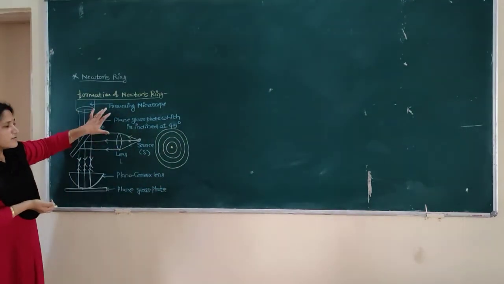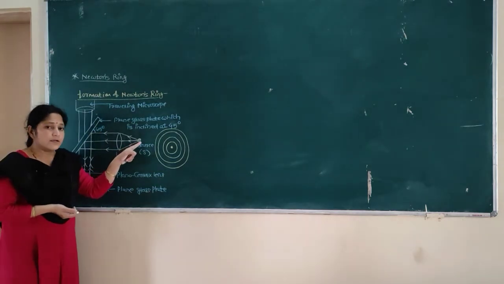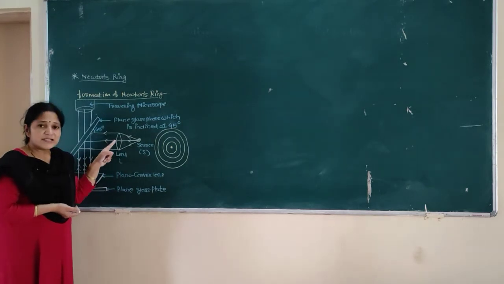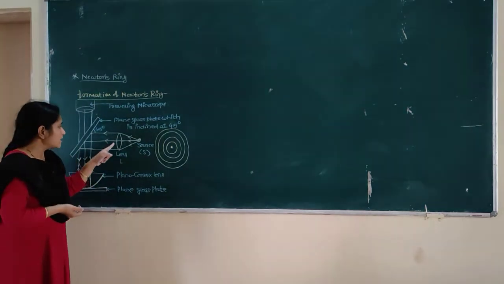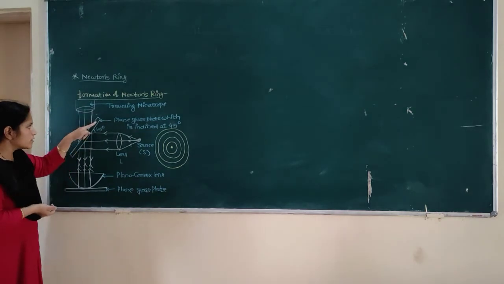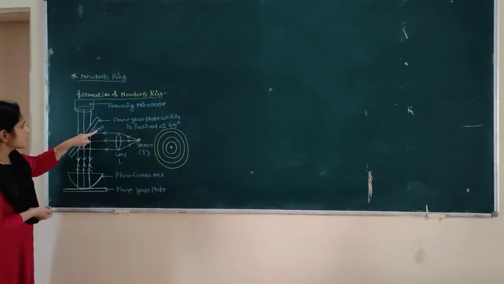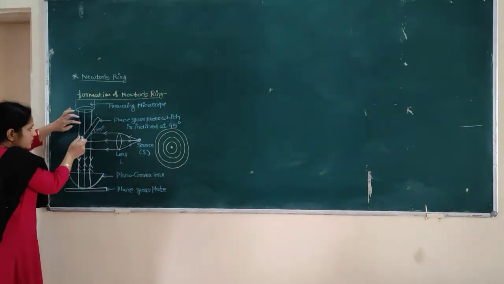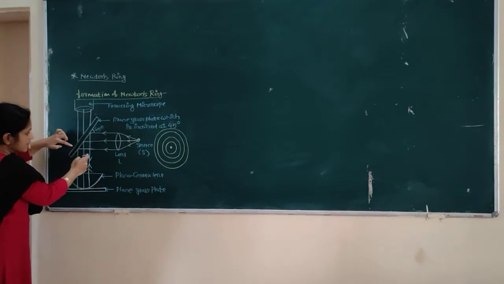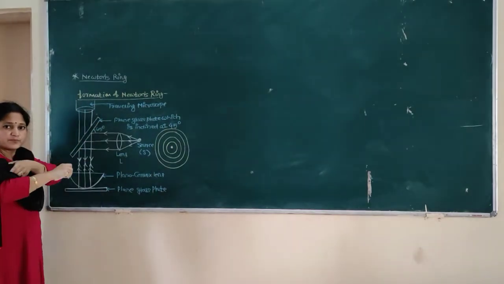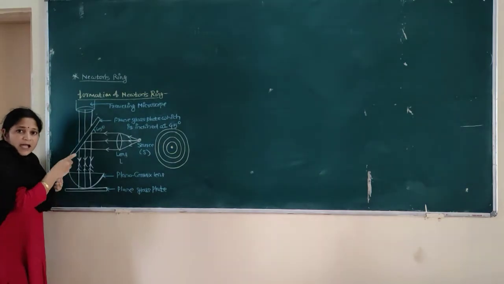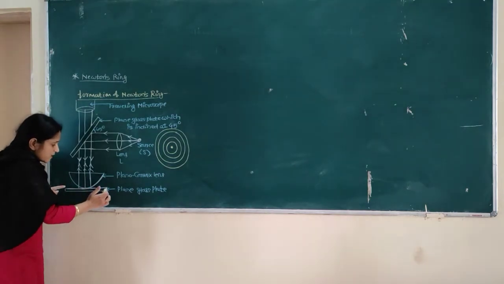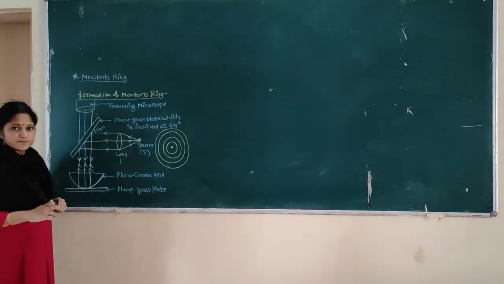Understood? So one more time I will explain. When a monochromatic beam of light is focused on the lens L, then the light will be normally incident on the plain glass plate which is inclined at 45 degree. After that, from the plain glass plate, the ray will be reflected in a downward direction and incident on a plano-convex lens which is placed on a plain glass plate.